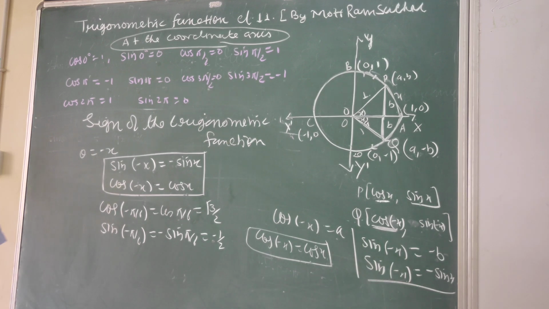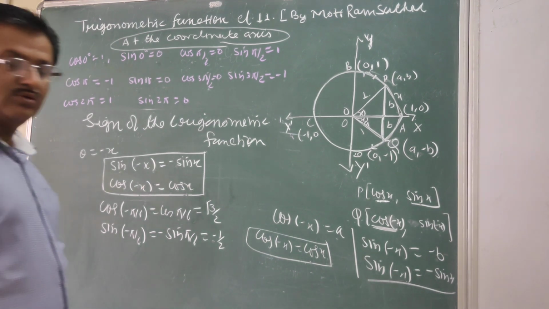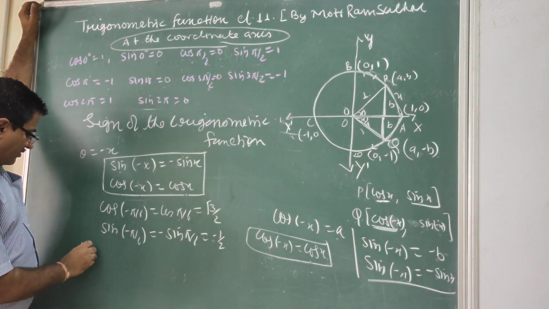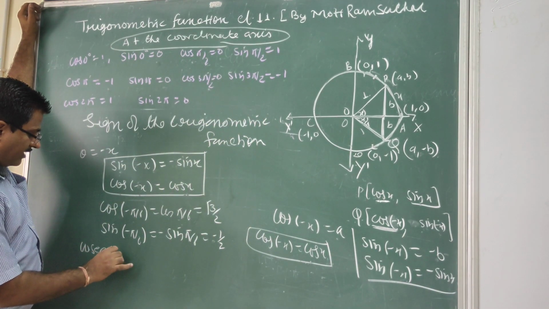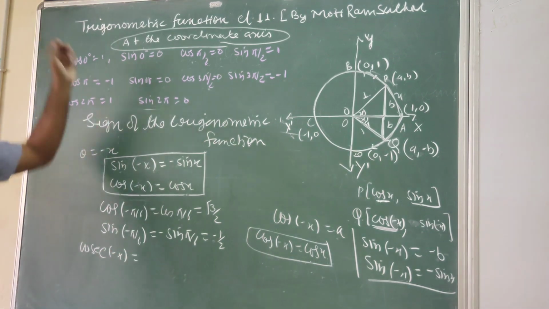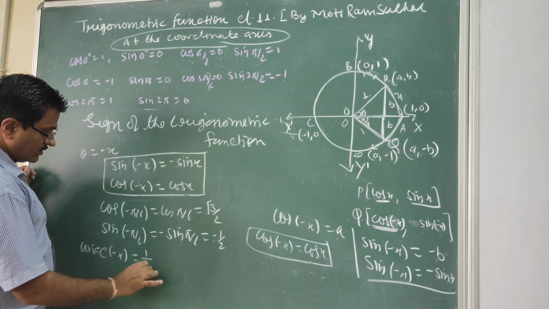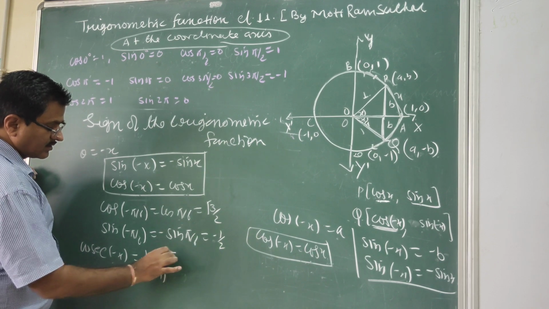Now if you know the value of sin x and cos x, you can find the other trigonometric ratios also. Clear? So how to find? Suppose you want to find the value of cosec minus x. That is 1 upon sin of minus x.